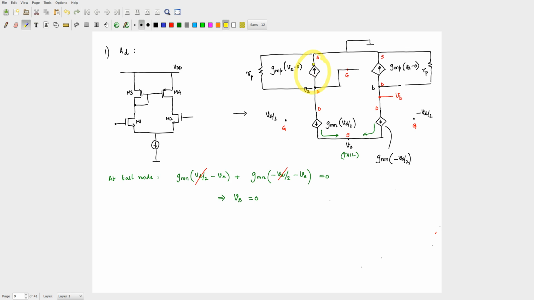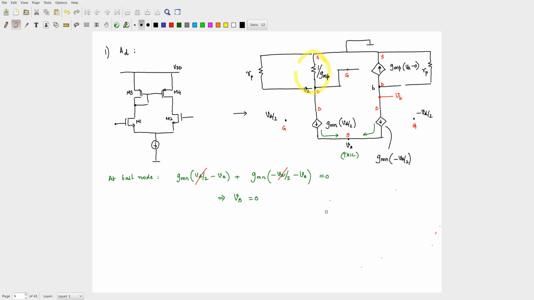The current through this controlled source is dependent on VA, and VA is also the voltage across the current source. So what can you do with this current source? You can replace this. We have done this many times. This is essentially a resistor, and its value is 1 by GMP, and you can get rid of this.